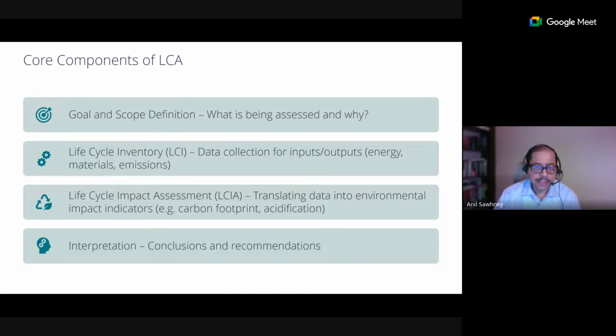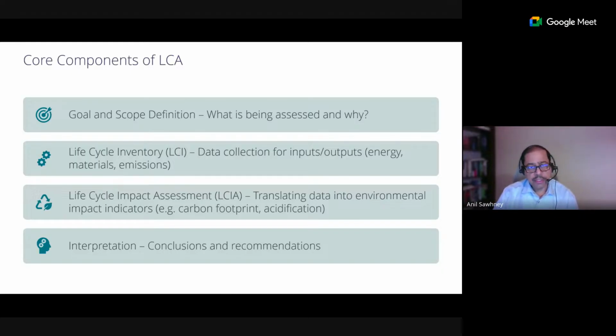So what is being assessed and why? Then you need to have the life cycle inventory. This is the data collection for inputs and outputs. So energy, materials, emissions, all that information. So you need to have lots and lots of data when you're doing LCA.